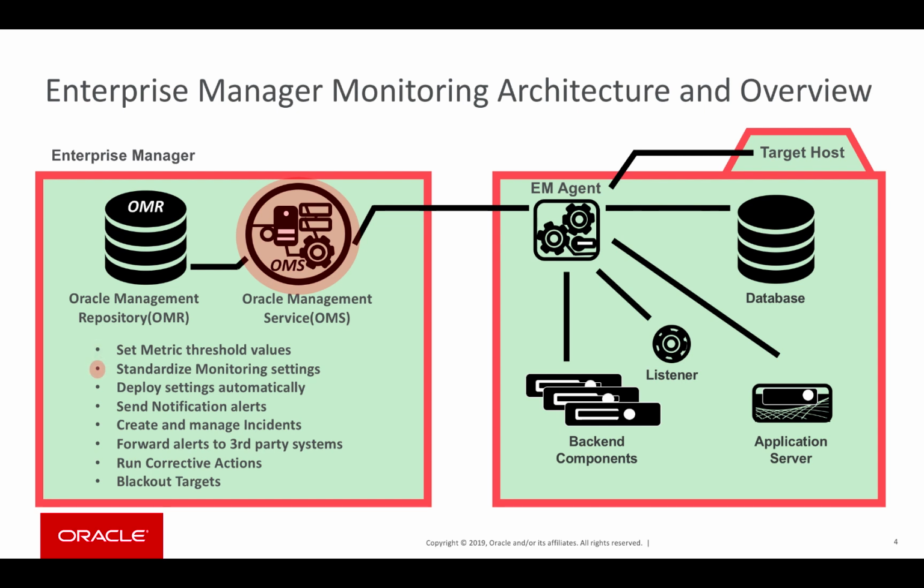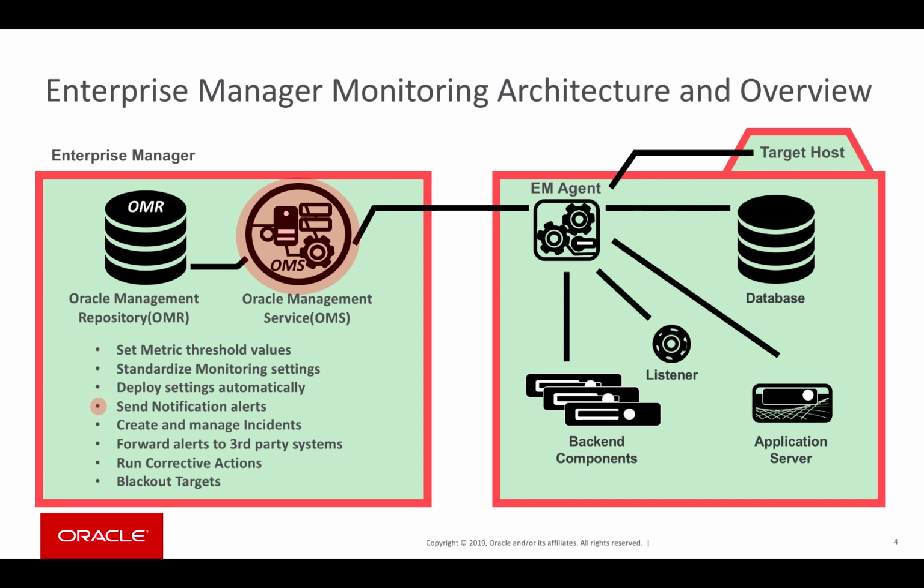Once you complete a set of metric settings, you can zip them up into a single package, which we call a monitoring template, and apply that to other targets with the same target type, so you can standardize the monitoring settings across the board. You can apply the template to other targets manually, or you can automate the process so that the targets have the same monitoring settings as they are added to EM.